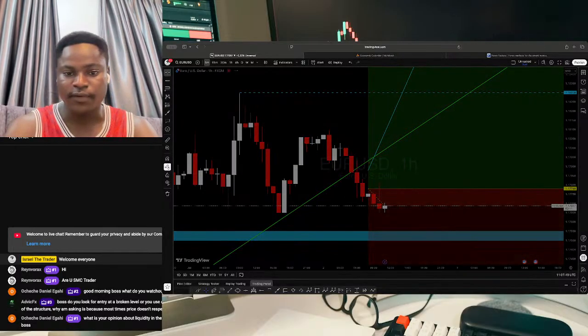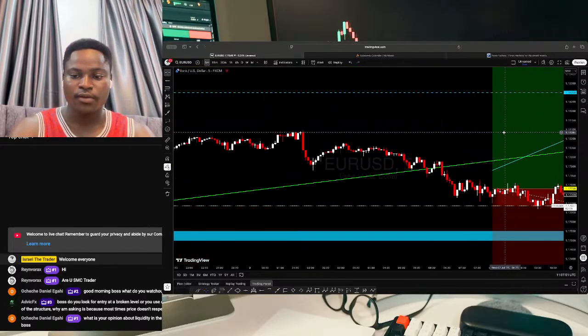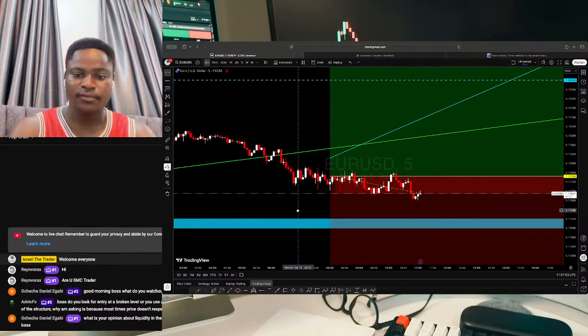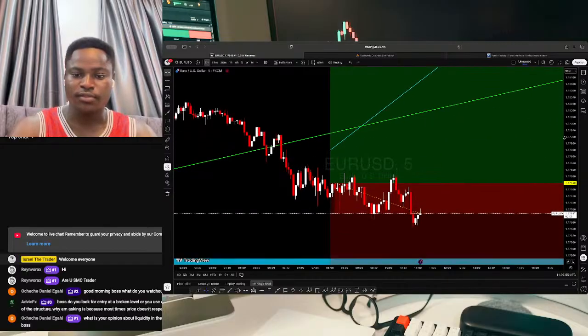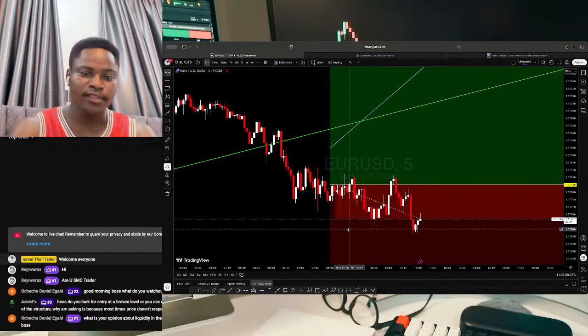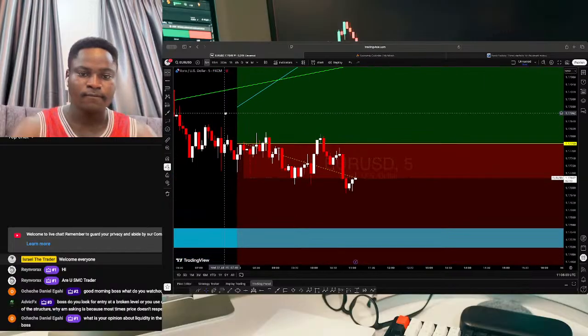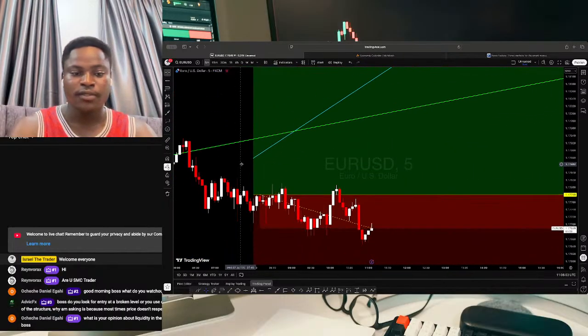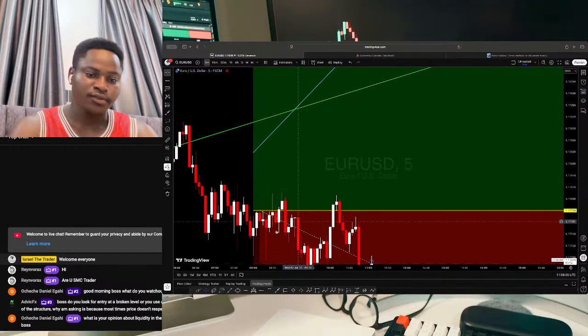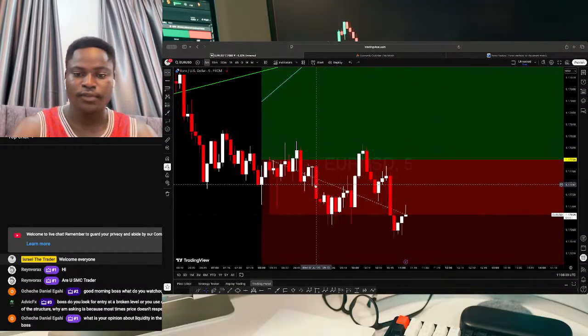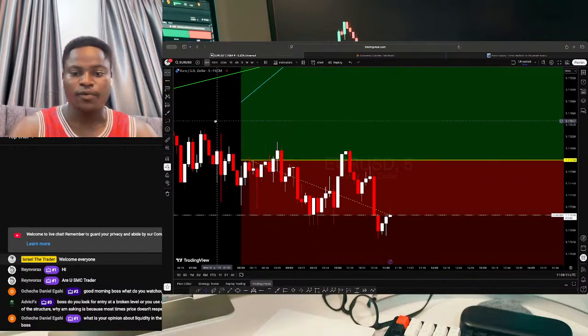So let me go down to the 5 minutes time frame. On the 5 minutes time frame, it's still trying to do what it knows how to do best. Anyways, still monitoring this Euro USD. So let's see what is going to happen.